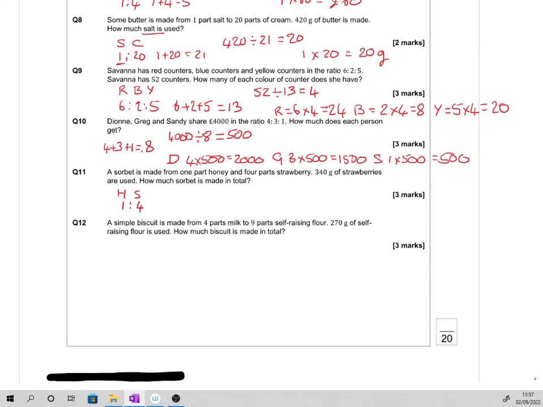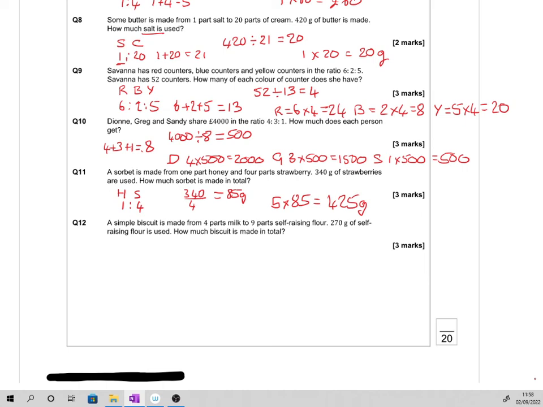So for the strawberries, we've got 340 divided by 4, which equals 85. So you've got 85 grams per ratio part. And how much sorbet is made in total? Well, this is all of them. So we need 5 times 85. So 85 times 5 is 425 grams altogether.